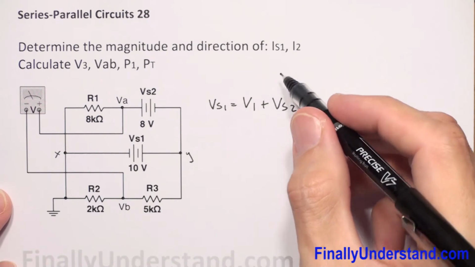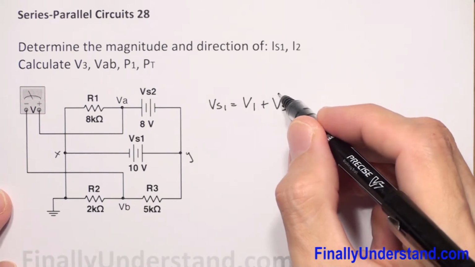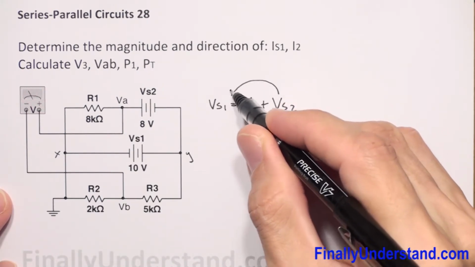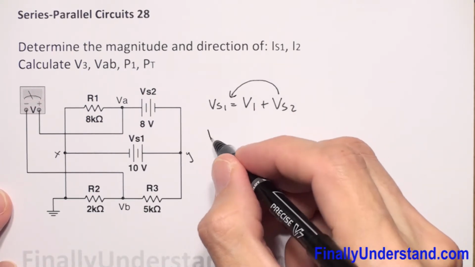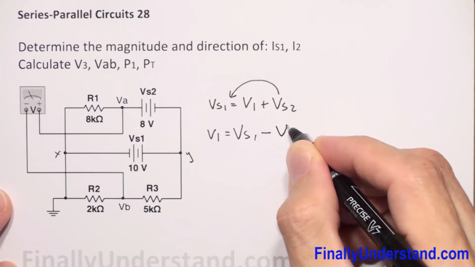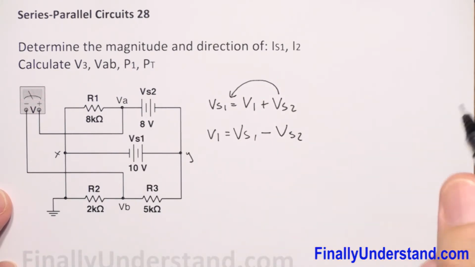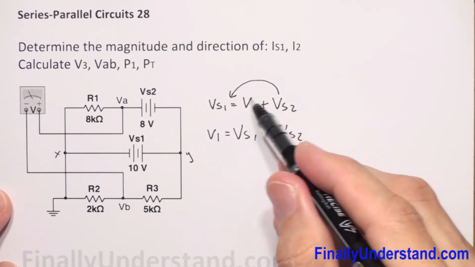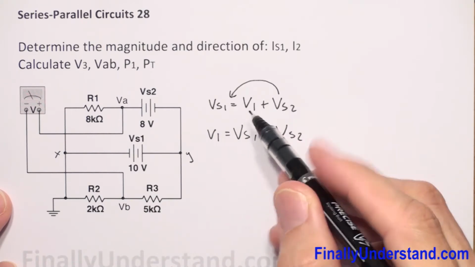So I'm going to simply move voltage source 2 to the other side. I'm going to write V1 is equal to voltage source 1 minus voltage source 2. Okay, simply I solved this equation for V1.